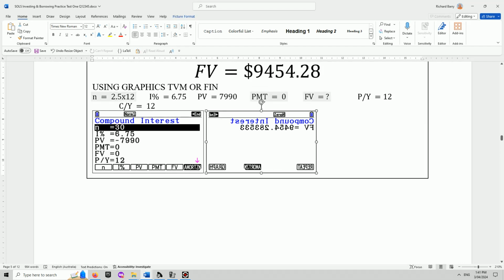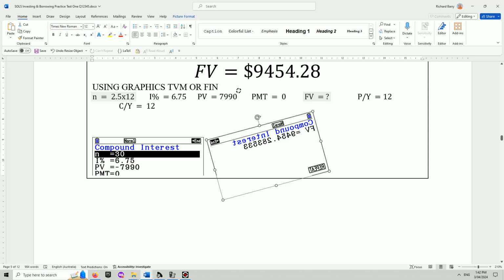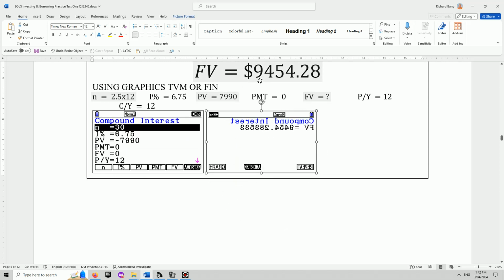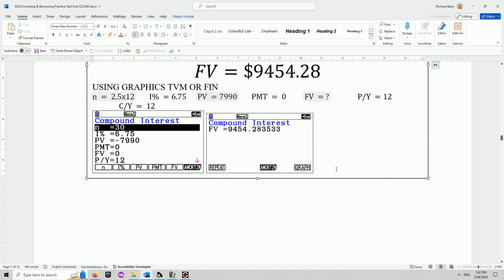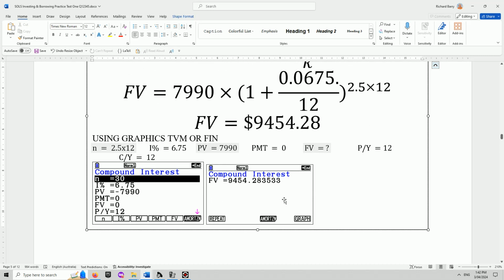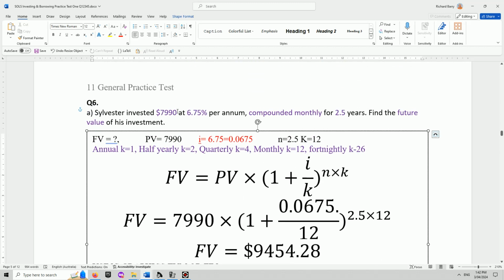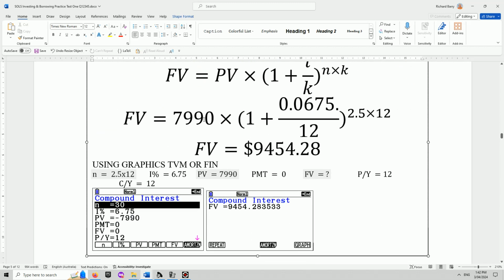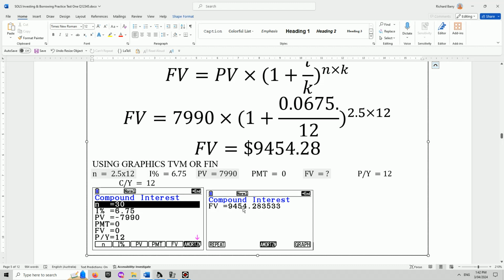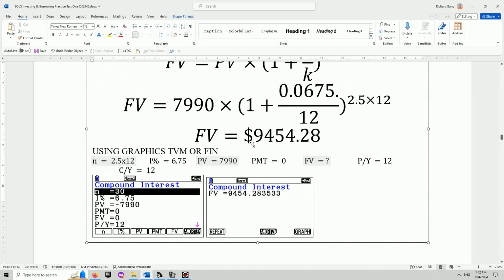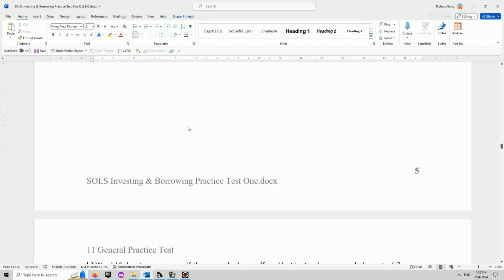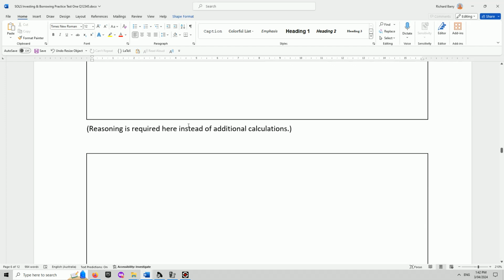After that little magic trick, we have put this much money around, which is almost $8,000, and turned it into almost $9,500 over 2.5 years. Compounded quite nicely. First part is done.